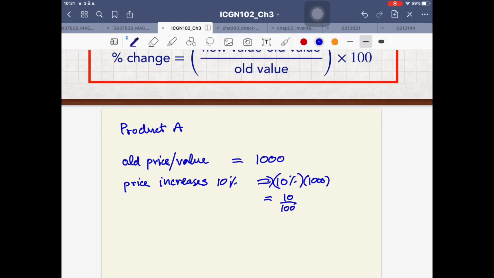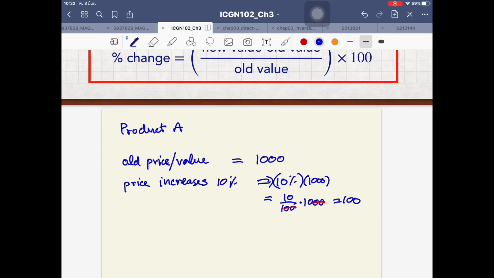So now you have 10 over 100 multiplied by 1,000. Now you can cancel two zeros, so you have 10 times 10, you get 100. So now the price will increase by 100 baht.